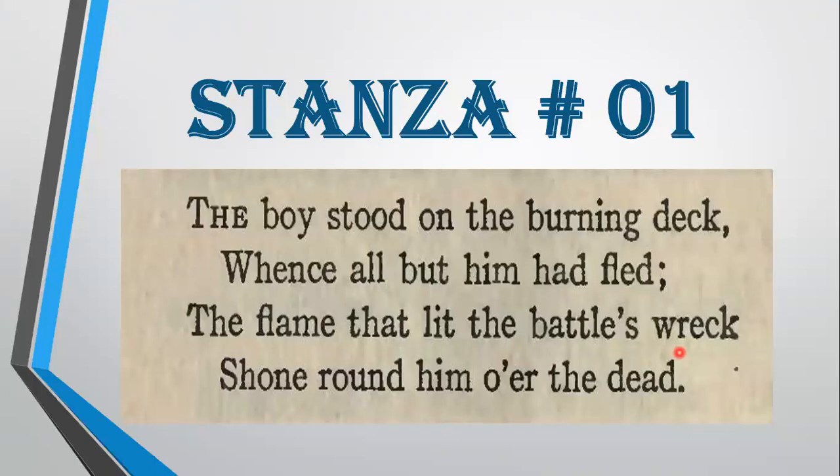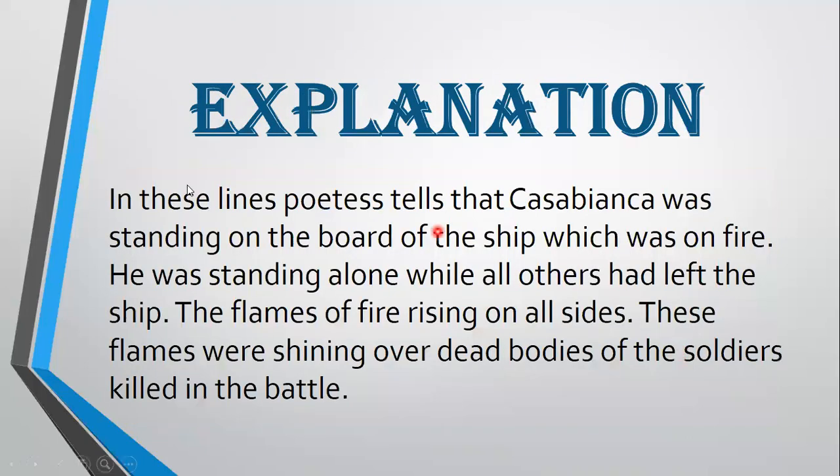Now, you can see the explanation here. In these lines, the poetess tells that Casabianca was standing on the deck of the ship which was on fire. He was standing alone while others had left the ship. The flames of fire rising on all sides were shining over the dead bodies of the soldiers killed in the battle.